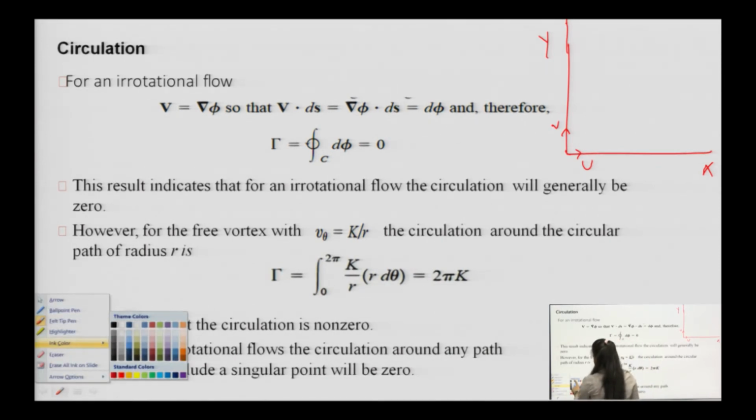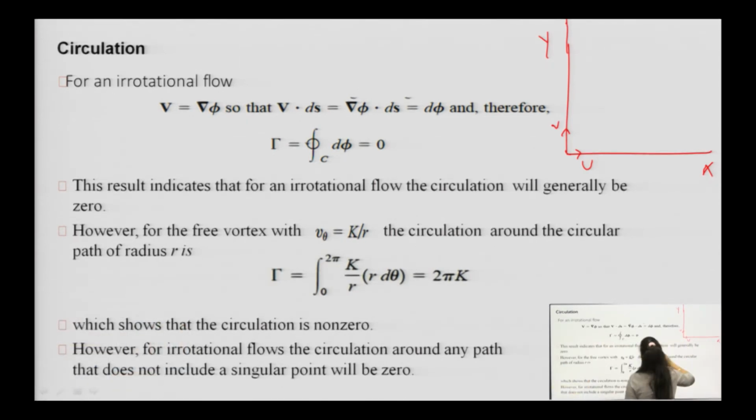Let me change the color. Let us suppose A, B, C and D. This is a fluid element we have kept in the xy plane, and this distance can be written as dx and this distance as dy.